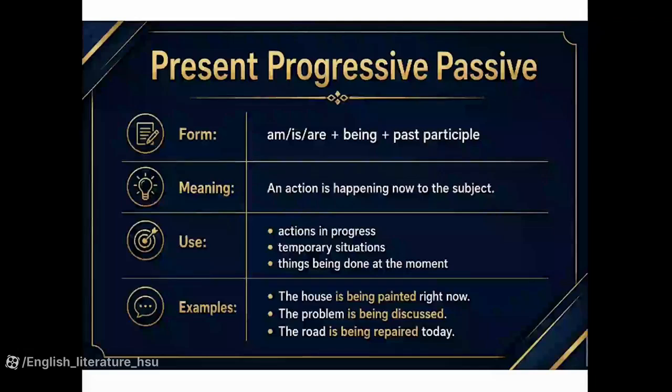For example, the house is being painted right now, or the problem is being discussed, or the road is being repaired today. Is being painted, is being discussed, is being repaired. These are present progressive passive.